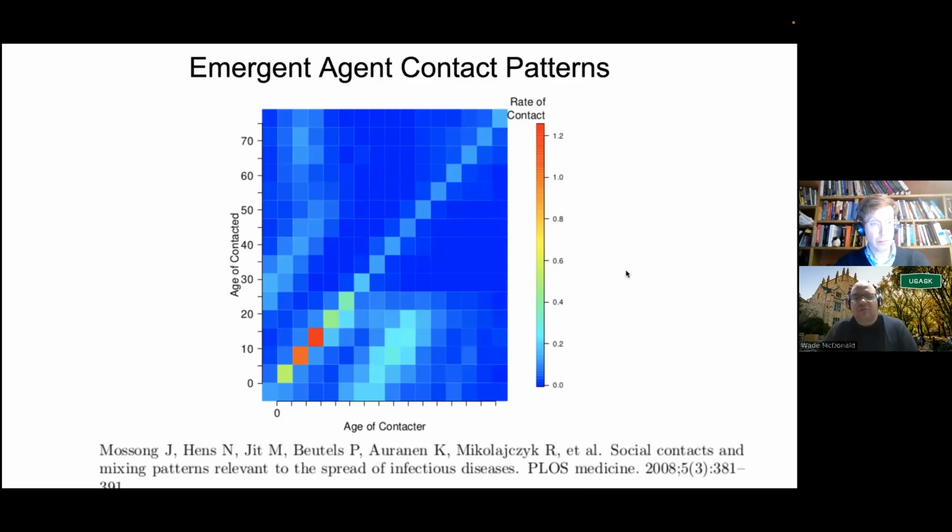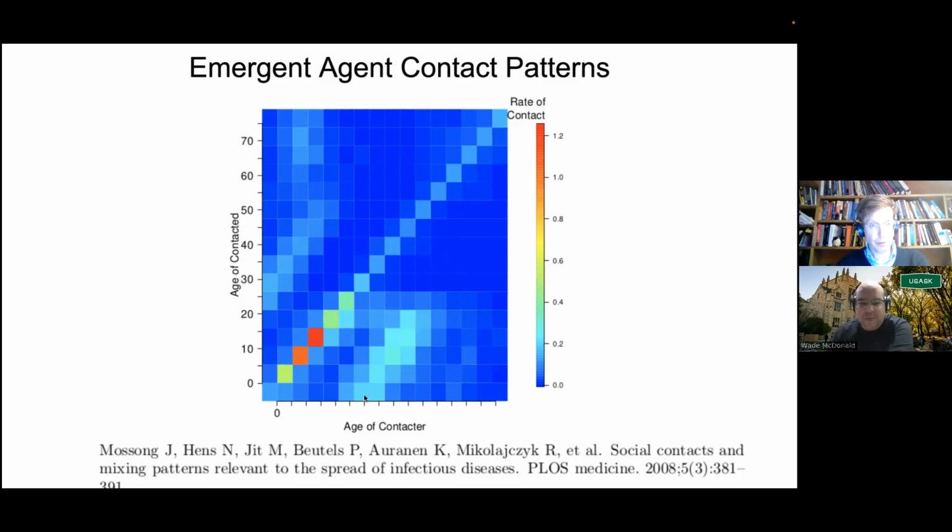This figure represents the emergent contact patterns from that contact structure described earlier. So for the most part, the diagonal represents people contacting other people of approximately their own age.